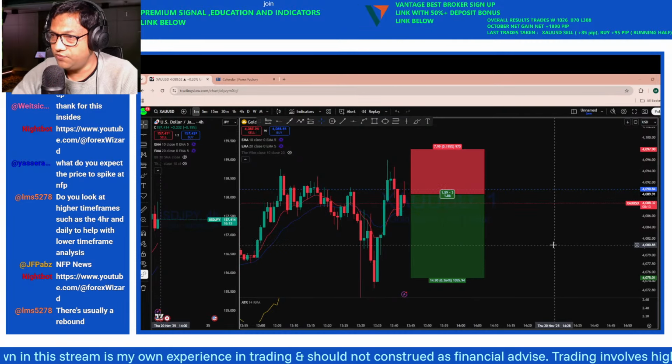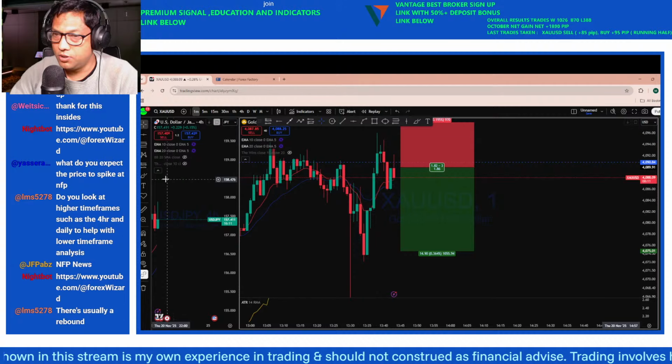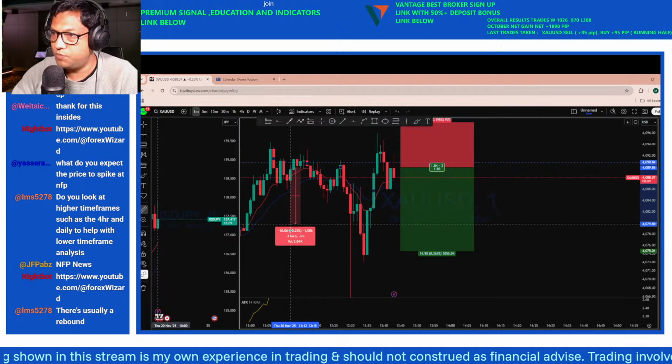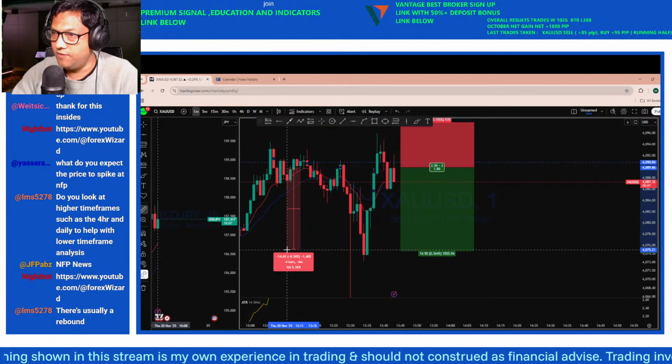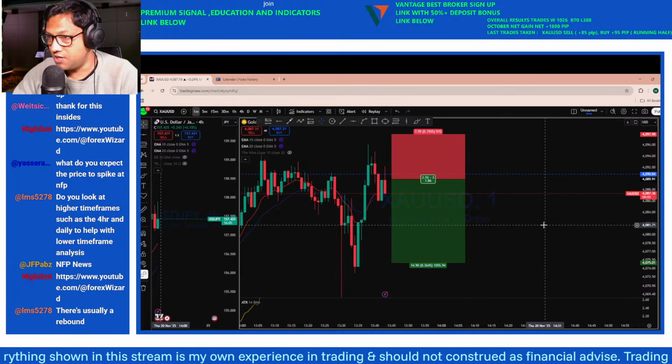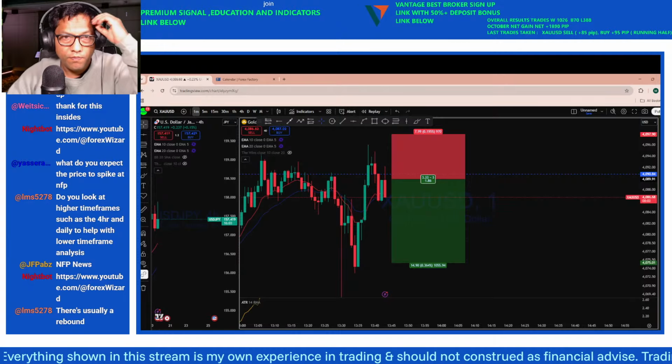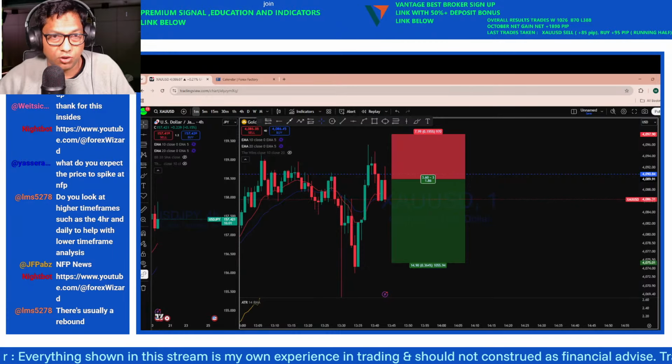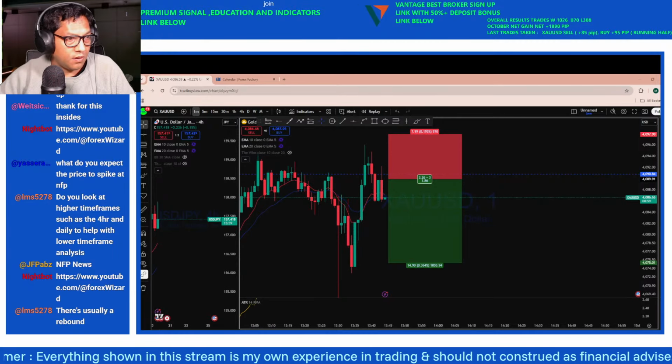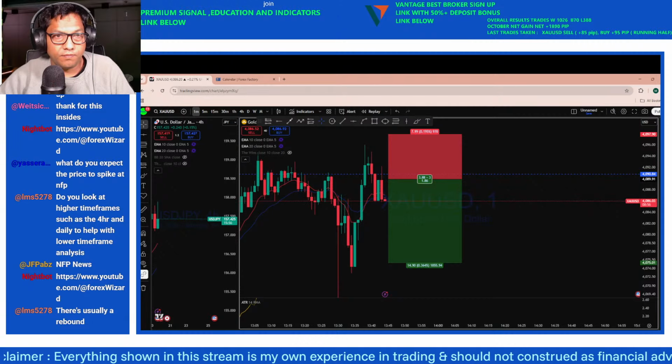So the doji has formed and I'm sold here for another potentially 146 pip target for this move, and I believe you guys are with me for that.